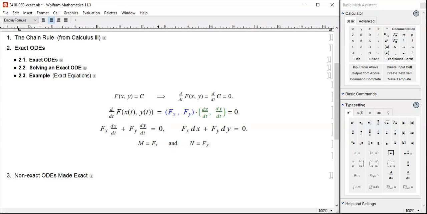Now, in order to make this thing work, m sub y is equal to f sub x y, and then take the derivative by y again. But then again, it does not matter whether you take the derivative by y first and x later. And that is n sub x.